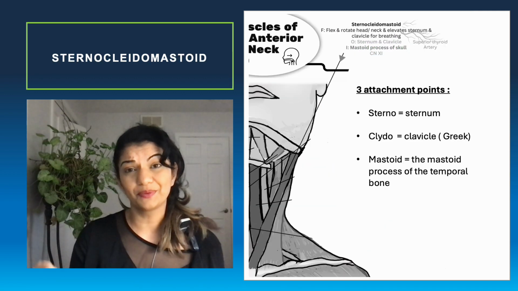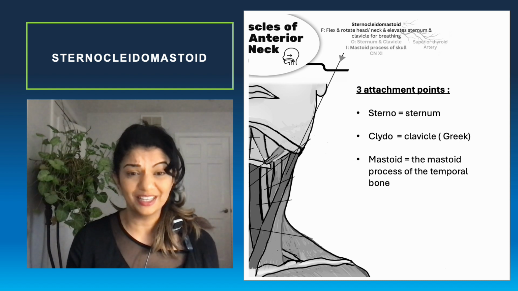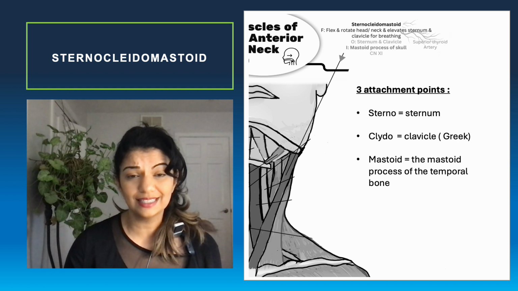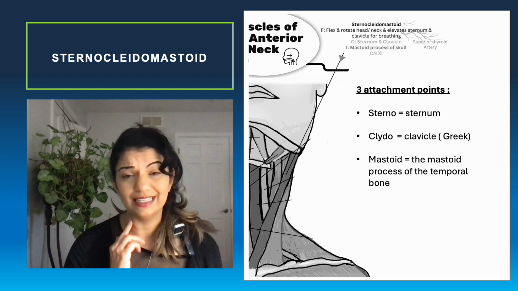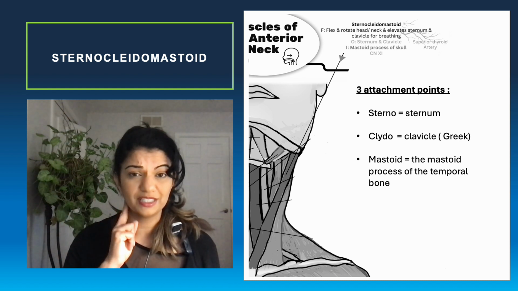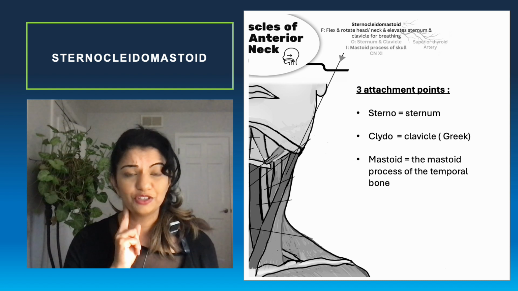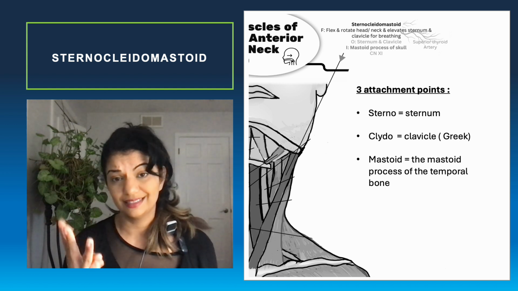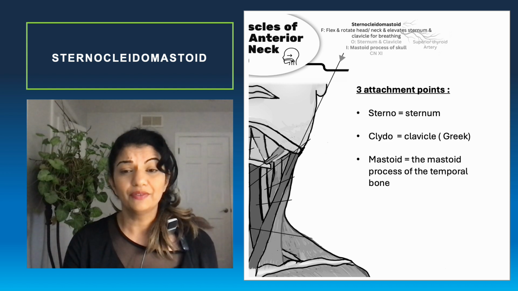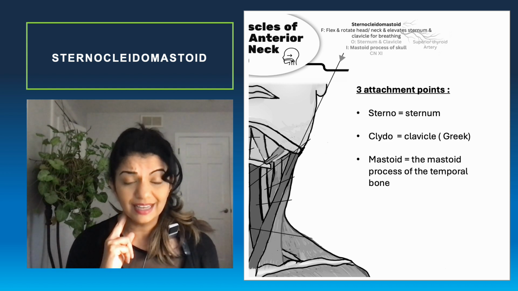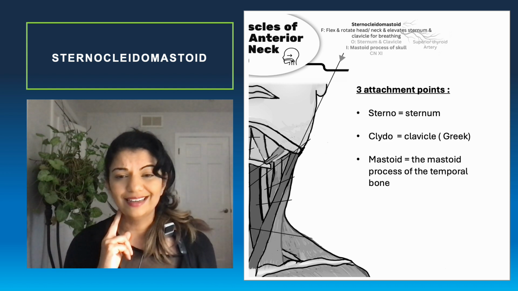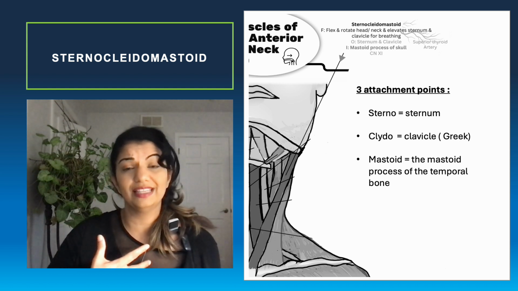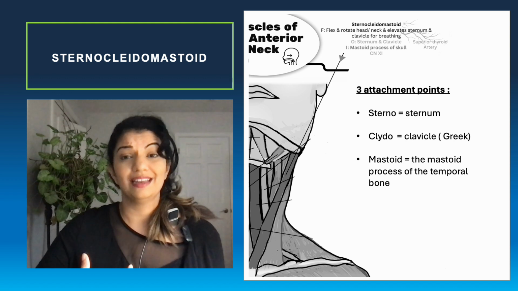The next prominent muscle we're going to talk about is the sternocleidomastoid. You know which one I'm talking about, the one you can see when you turn your head to the side. It's very easy to palpate. You take your two fingers and put them under your ear almost. That's your mastoid process, and then it goes down to your clavicle and sternum because it has these three attachment points. Now, this muscle helps us with flexion, extension, rotation of our neck, but it also helps with breathing because it helps elevate the sternum and clavicle so you can inhale.